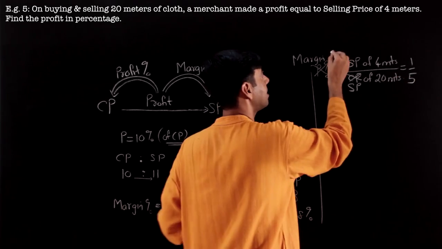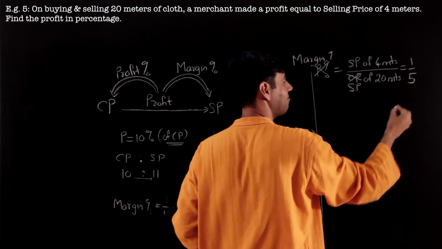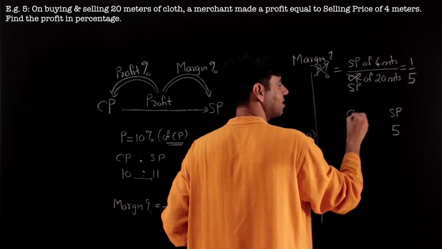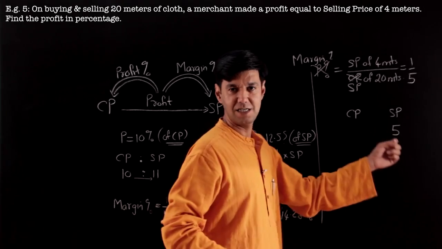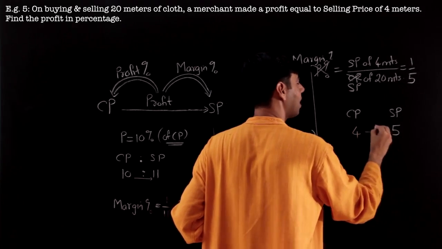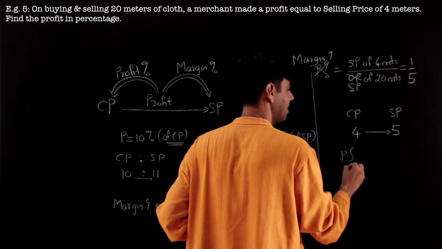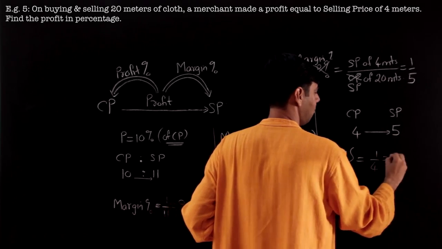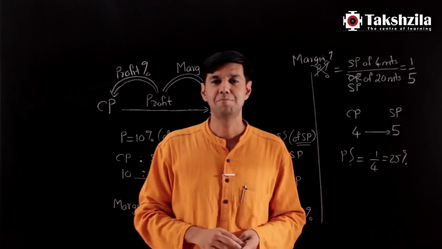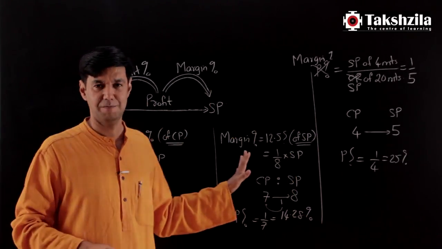So the margin fraction is 1 by 5. So I'll start with the selling price 5, and go backwards to the cost price. Margin is 1. So the cost price would have been 4. And now come forward, profit percentage is nothing but 1 by 4, 25%. Same as we got earlier. So we have used the example to learn a new concept called margin percentage.